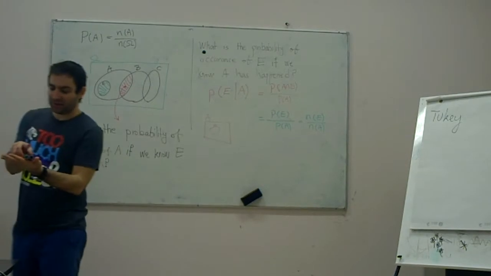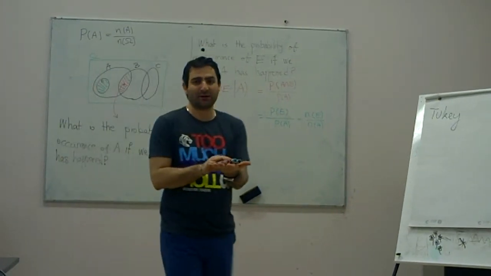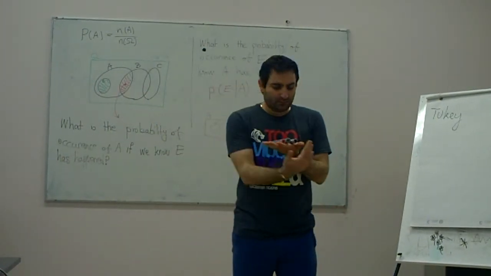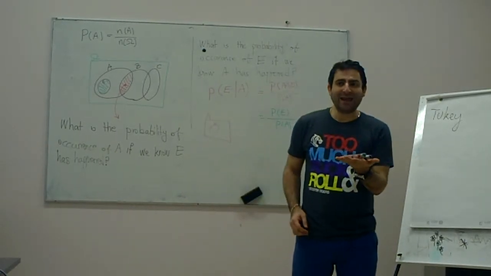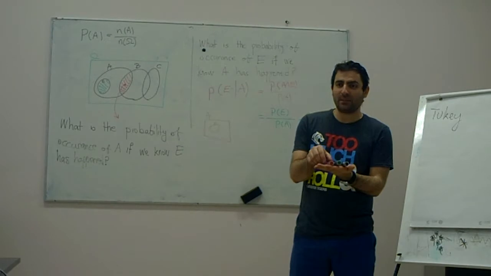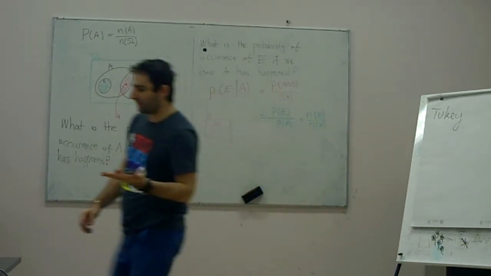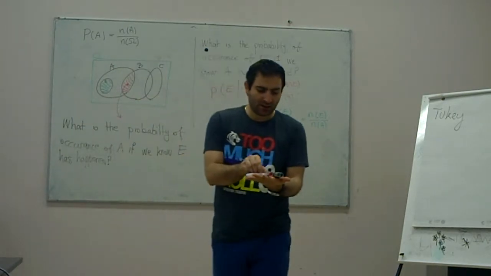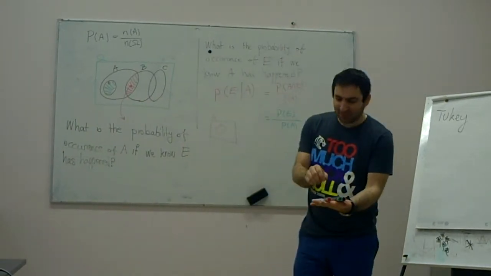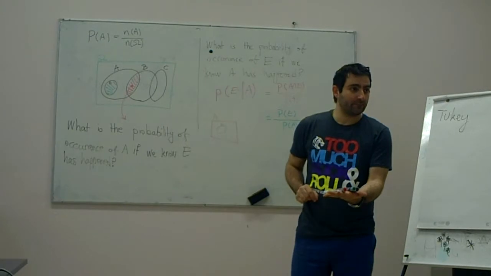Let's get back to yesterday's example when we had the marker. My hand is the sample space. A is picking up a marker. So let me put something else also in my hand so we understand that A is not one. So I have this one. A is picking up one of the markers.